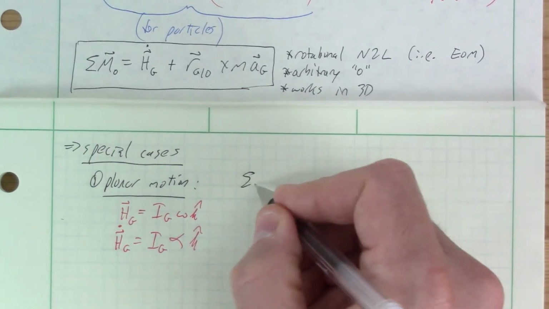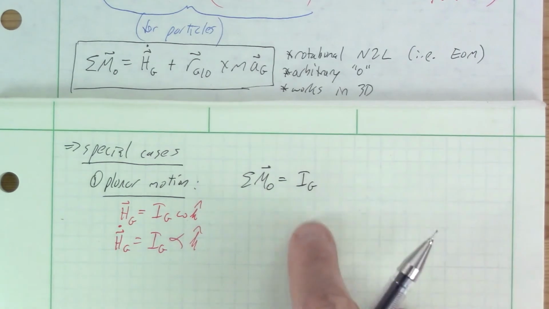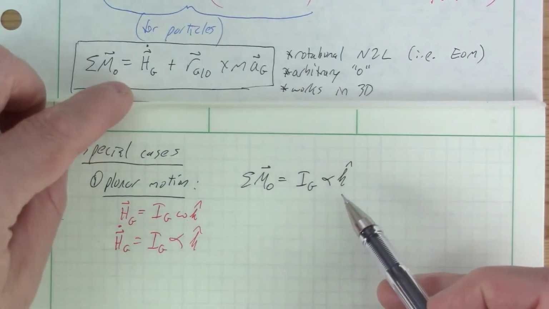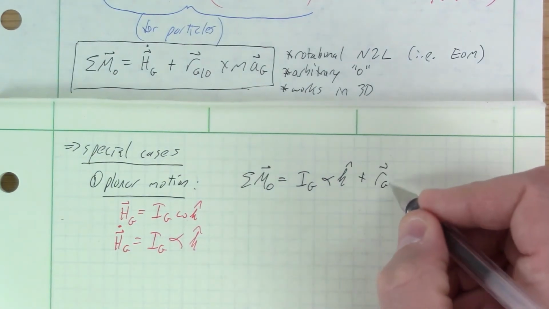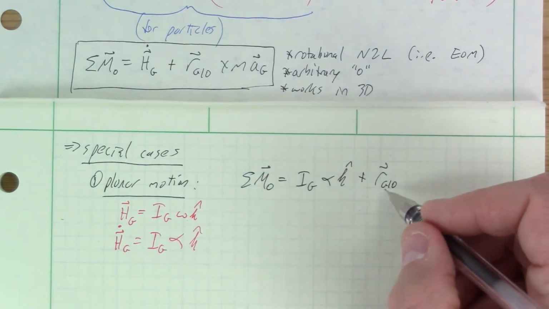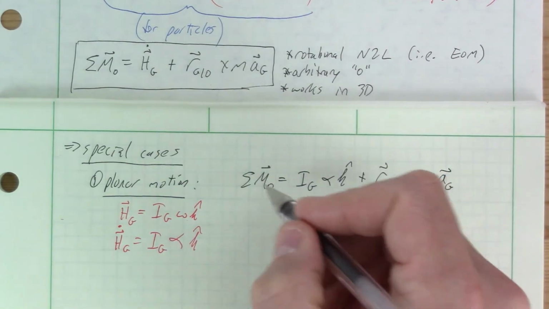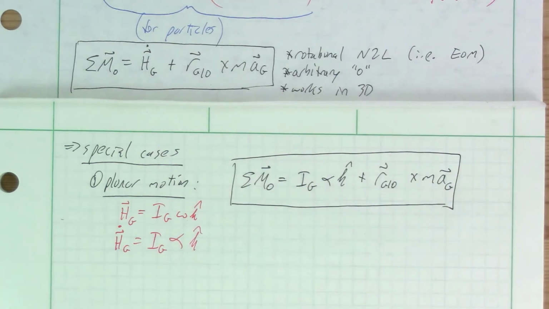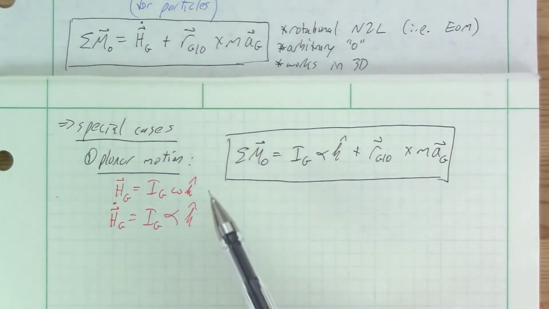So our sum of the moments about point O becomes the moment of inertia about the center of mass times the angular acceleration k hat. There's hg dot. Plus that relative position, the position from the point O to g, crossed into the mass times the acceleration of the center of mass. Okay, that's one step of just making the assumption of planar motion.